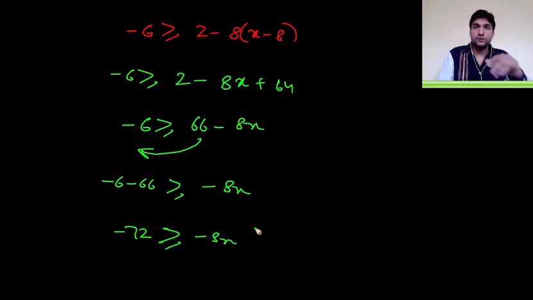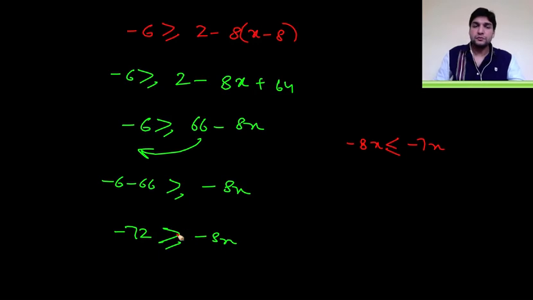And now I can reverse everything because I want to see my x terms on LHS. So when you are switching the LHS and RHS, you have to switch the inequality sign as well. So this will become minus 8x is less than or equal to minus 72.